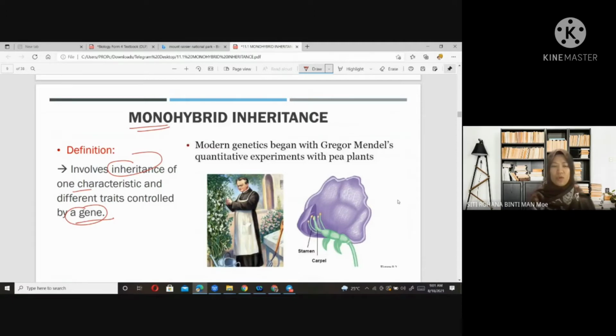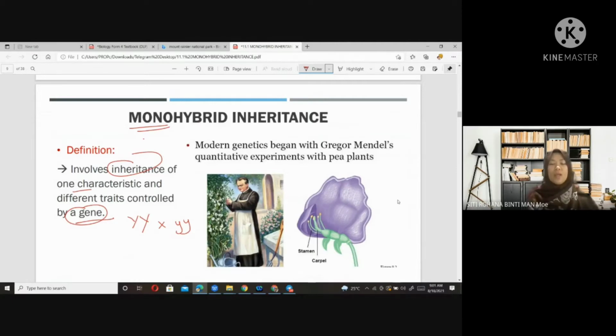So akan tengok nanti contohnya monohybrid involve yellow color and then cross with green color. So that's why monohybrid, controlled by a gene, is specific for color, for example.